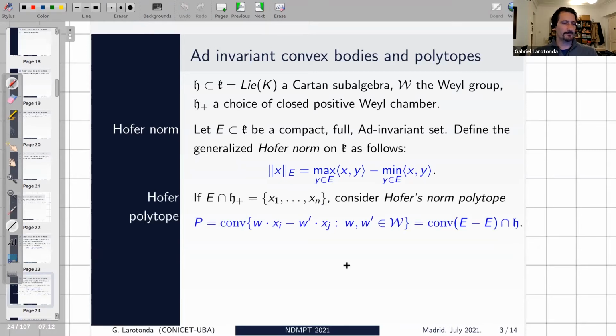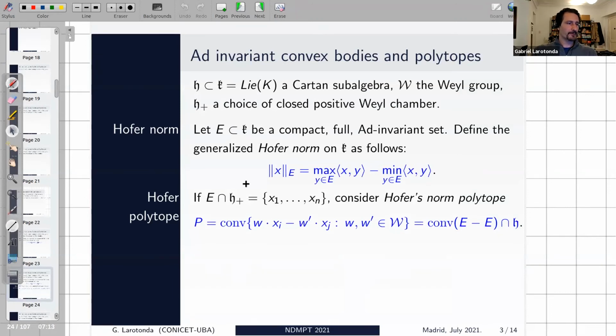Okay, for some discussions, it will be useful to consider the Hofer's polytope, which is defined as follows. If you intersect E with the Weyl chamber, we assume that it's generated by a finite set of points, and then you take the convex hull of the difference to make it a symmetric body, and you intersect it with the Lie algebra. This is what we'll be calling the Hofer's polytope.